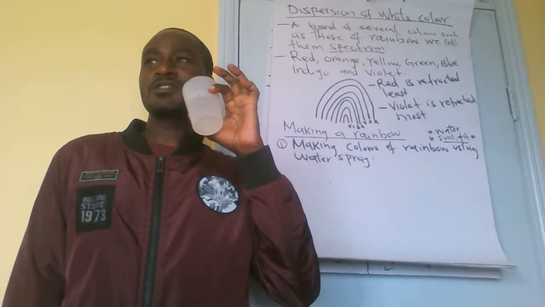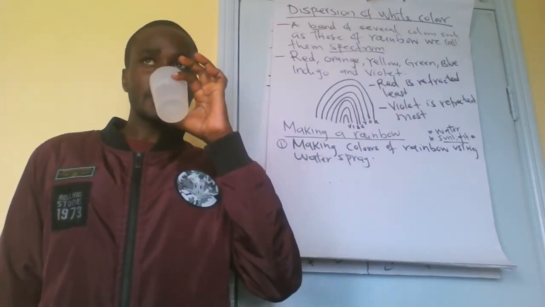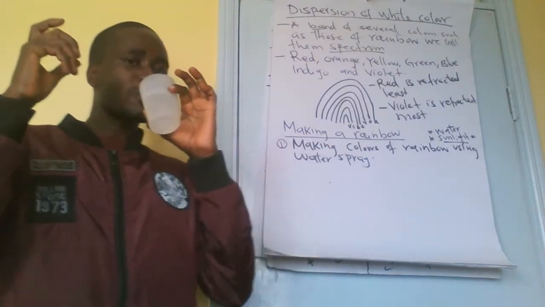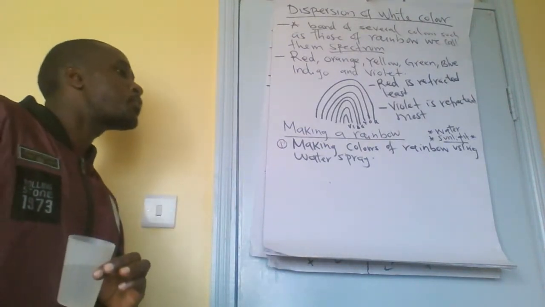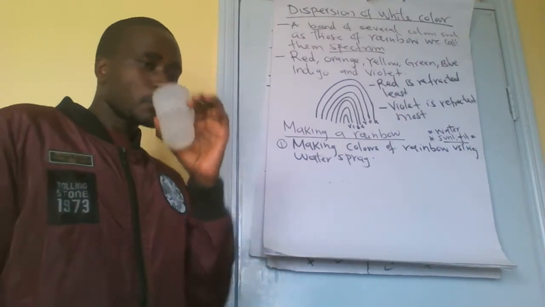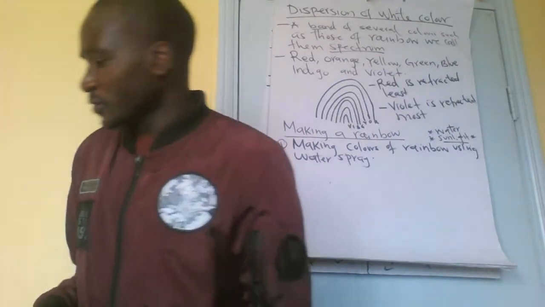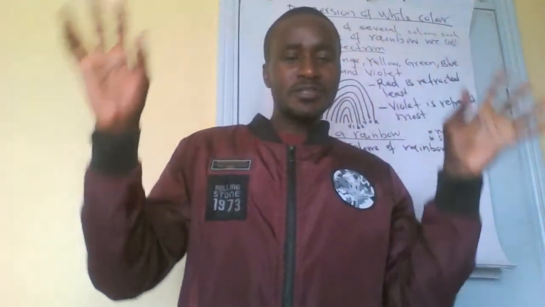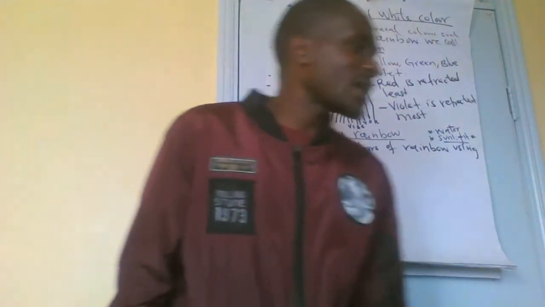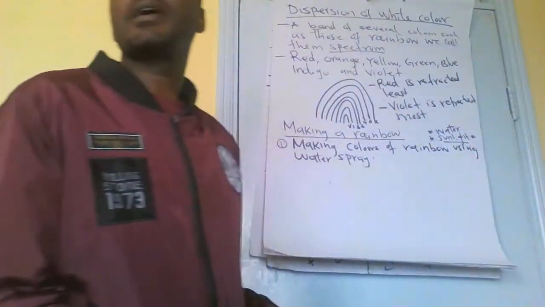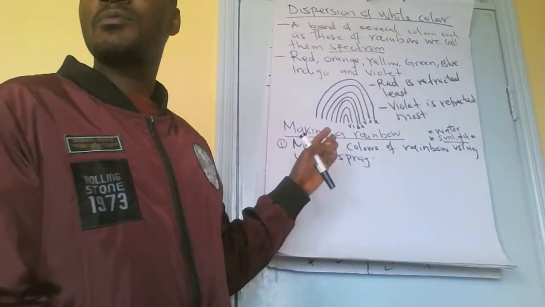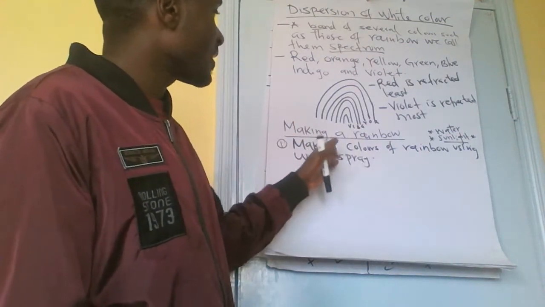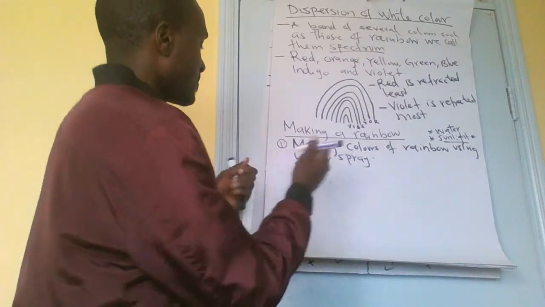Take a little water, don't swallow it, and face the sun. When you observe on a sunny day, you will see the 7 colors of a rainbow appearing. That's an example of making a rainbow using spray.